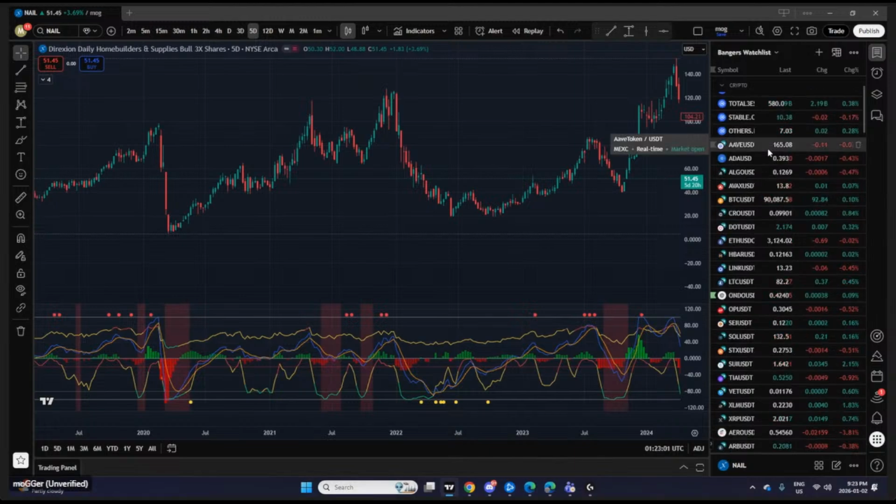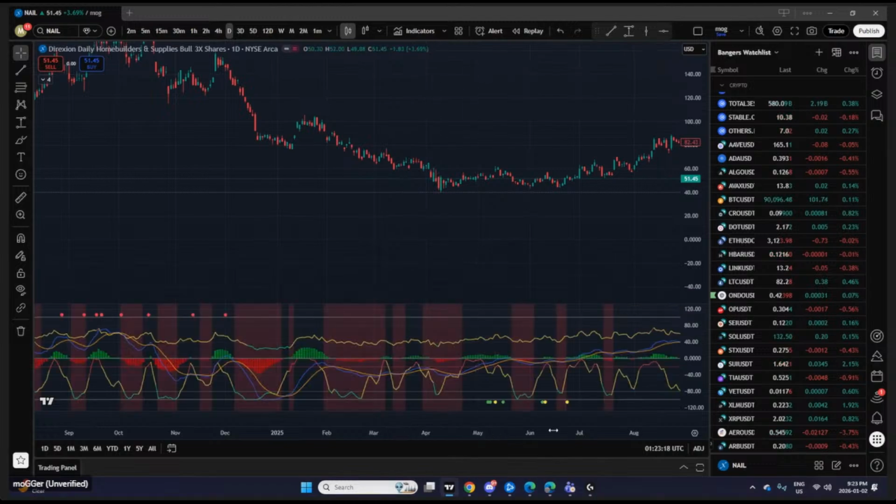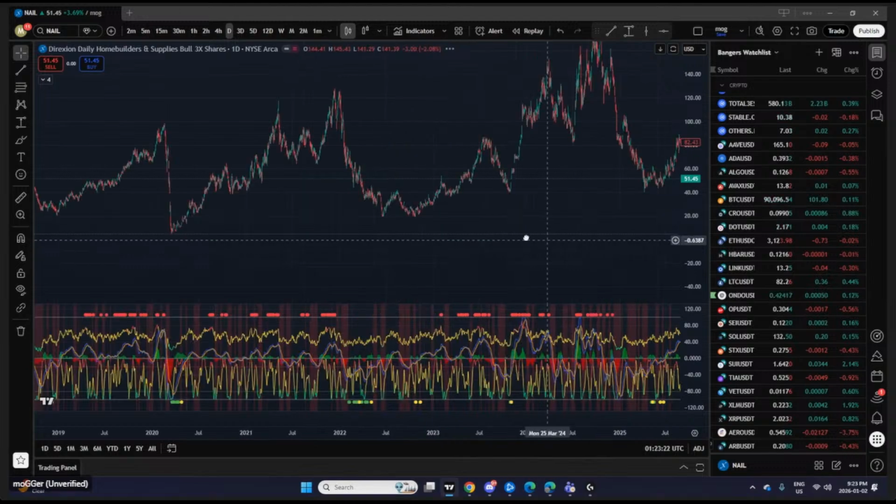And like I mentioned before, these can be green dots, so it's literally just trying to call the bottom. But the metrics are different for this green dot from this green dot.